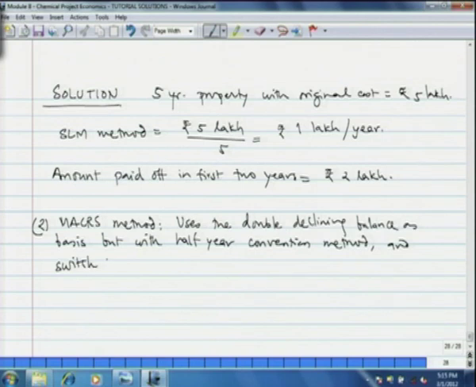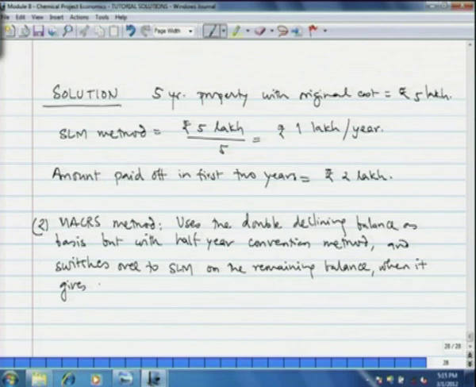The MACRS method uses double declining balance as basis, but with half year convention method in the first year, okay, and switches over to the straight line method in the remaining years on the remaining balance when it gives higher annual depreciation than double declining.